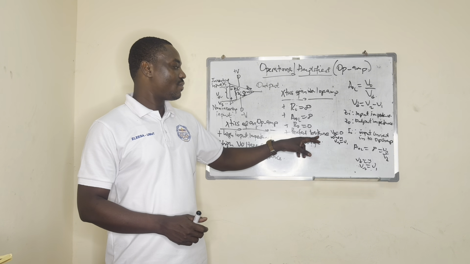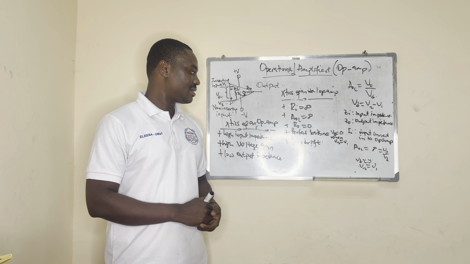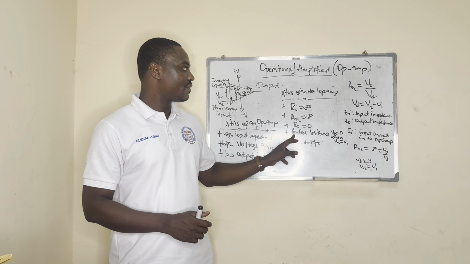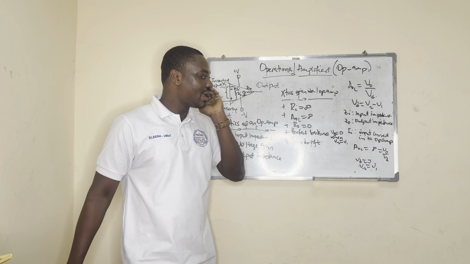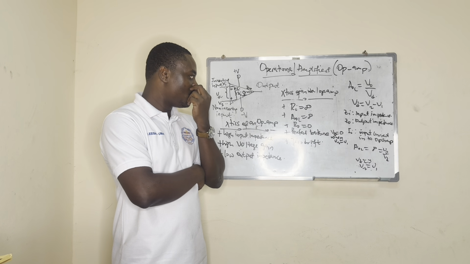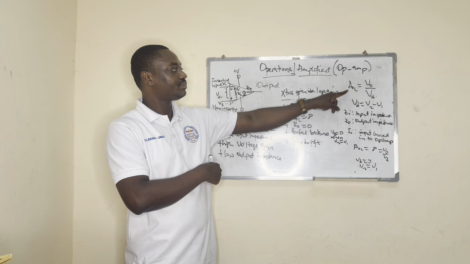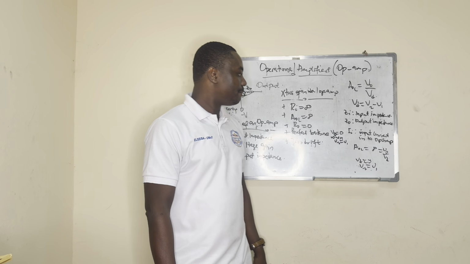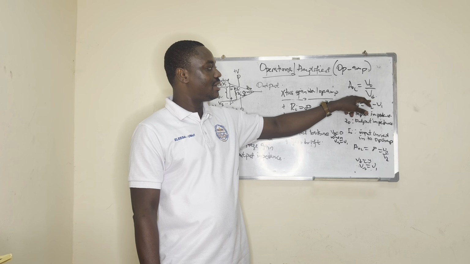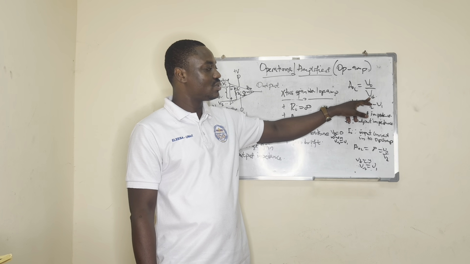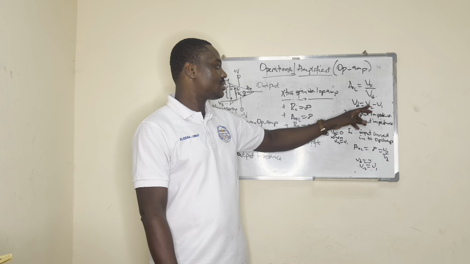And we also have a perfect balance. In order for us to have an infinite open loop voltage gain, we have to make sure that the differential voltage, which is VD, is zero.